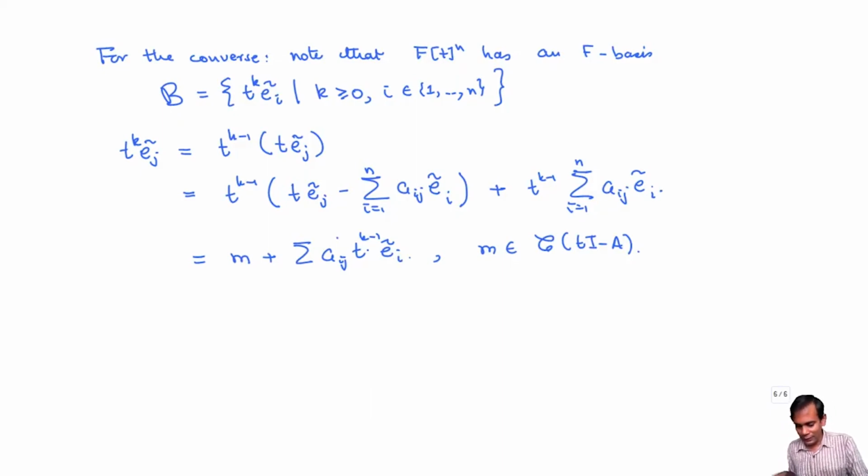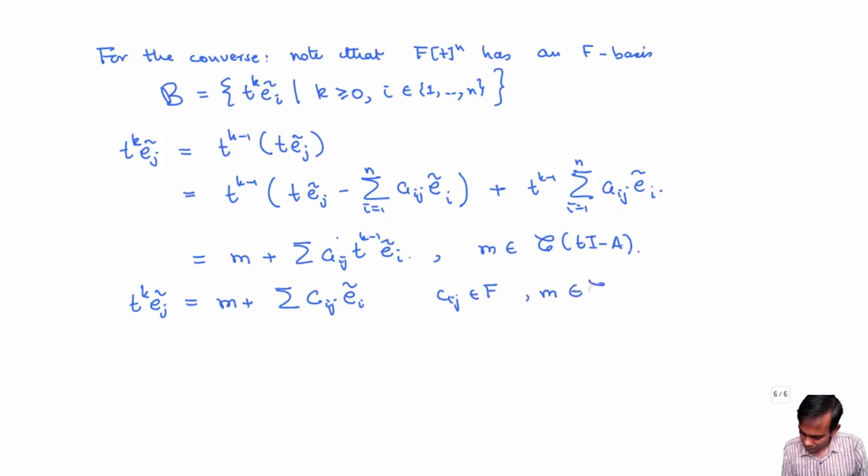At the end of the day, what I'll get is that t^k e_j tilde is equal to m plus a vector of the form summation c_i e_i tilde, not a_ij, some scalar c_i, where c_i belong to F. Step by step reducing the degree, and m is in the column space of tI minus A. So this can be done for every basis vector, and therefore it can also be done for every vector in F[t]^n.